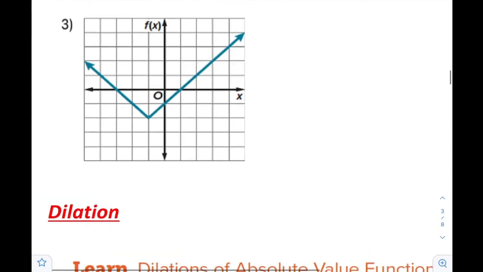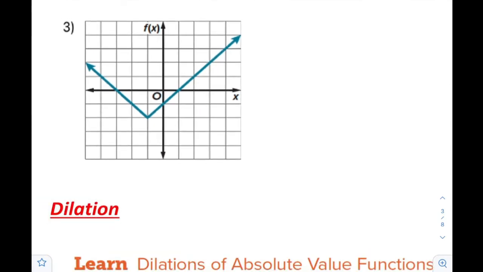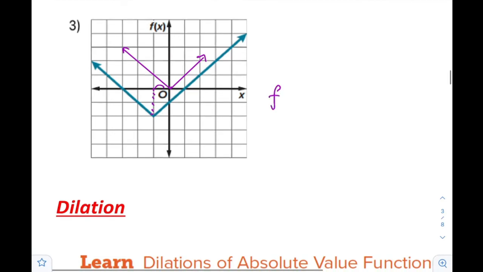Let's see here. Here, again, the absolute value originally was here with slope 1 and minus 1 each piece. What happened? It has been moved 1 only, 1 to the left. So I will write f of x is equal to absolute value of x plus 1.